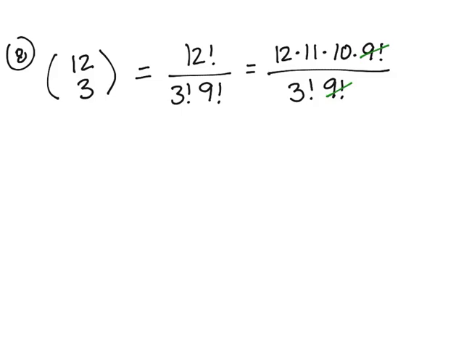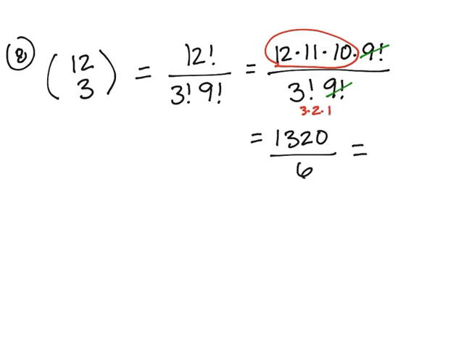So the 9 factorials cancel. So you're going to multiply 12 times 11 times 10, which will give us 1320. And you're going to divide by 3 times 2 times 1, because that's a 3 factorial, which is 6. And 1320 divided by 6 is 220.